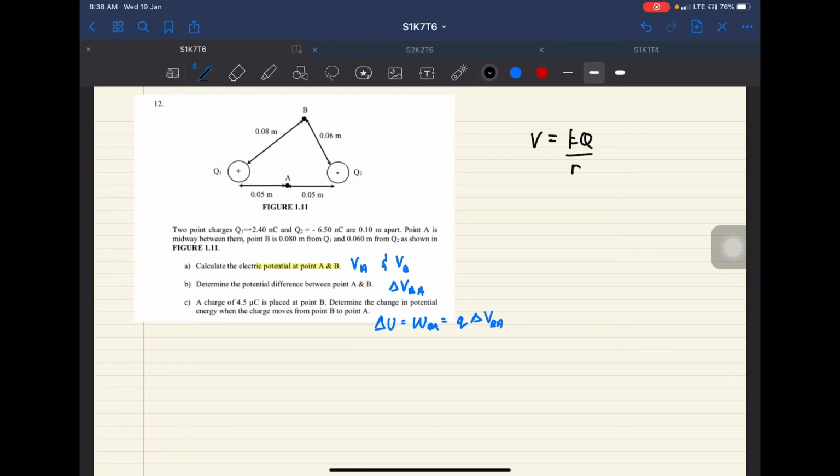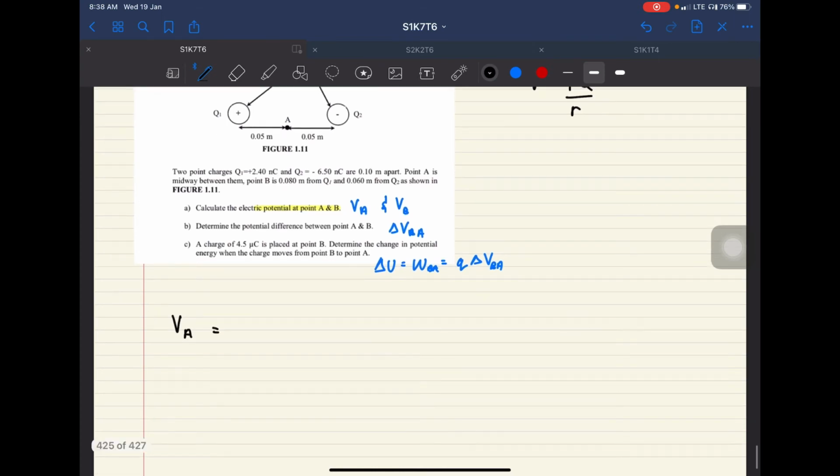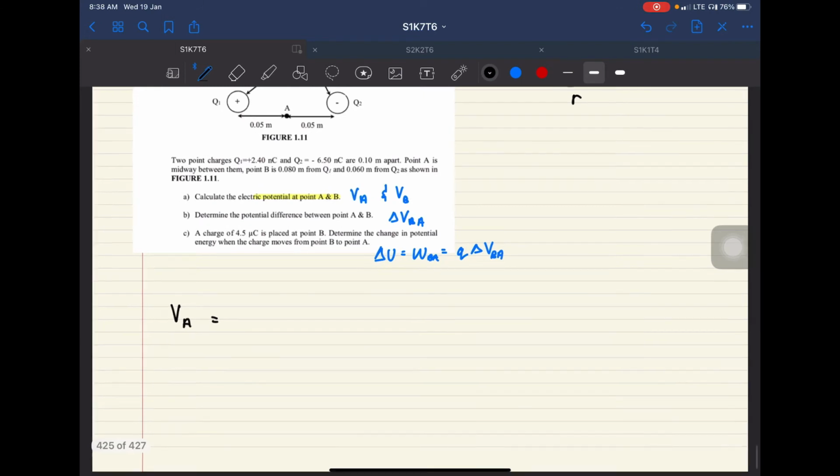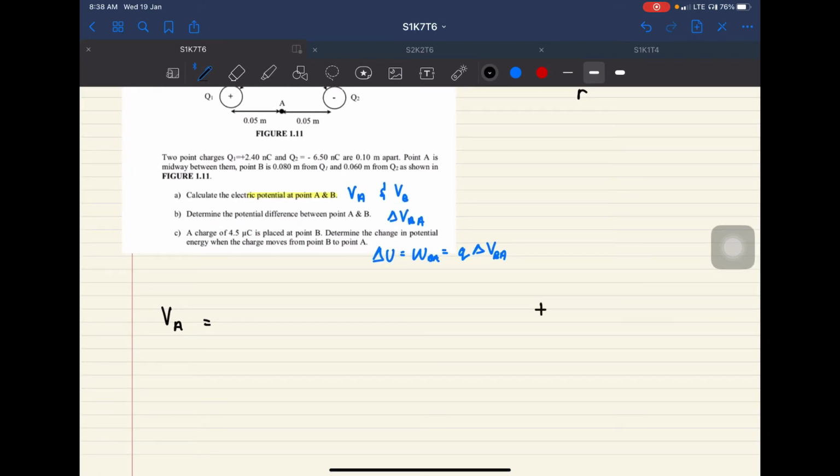Okay, for example, let's say I want to find V at A first. So at point A, basically you can ignore everything. Ignore point B first. So you have a positive charge over there. This is the point A and this is the negative charge. Q1 is equal to 2.4 nanocoulomb.